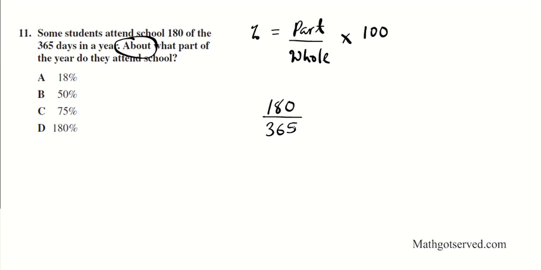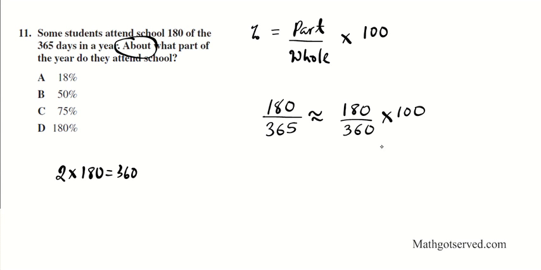If you double 180, what is 180 times 2? 180 times 2 is 360, which is really close to 365. So this is a good estimate. 360 is a good estimate for 365. So this is approximately 180 divided by 360, the part over the whole school year, times 100.